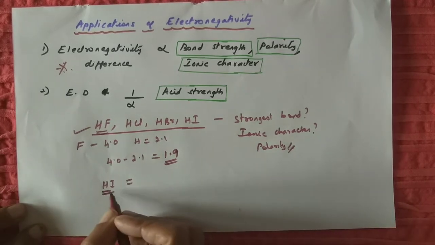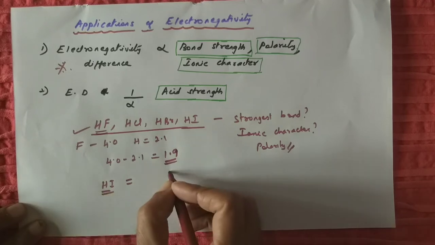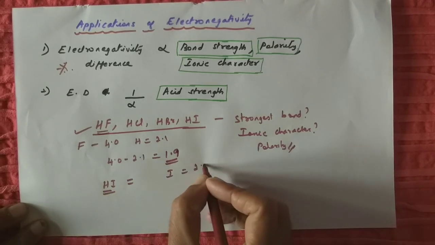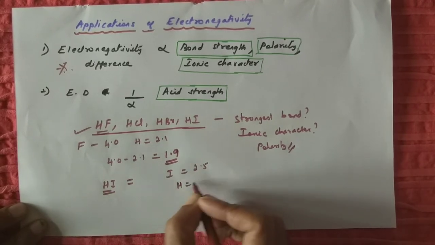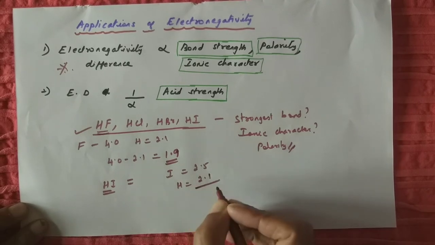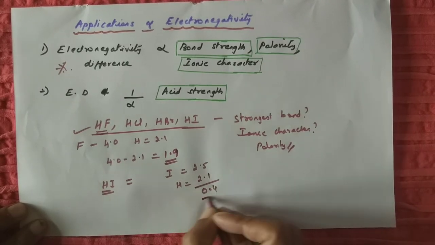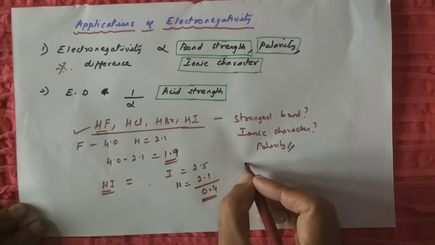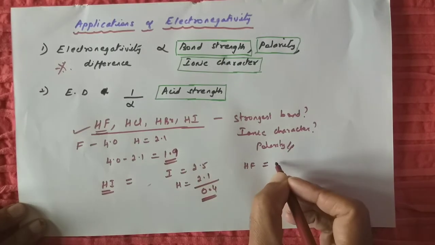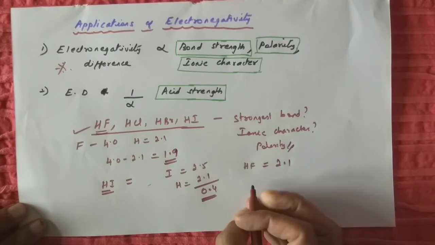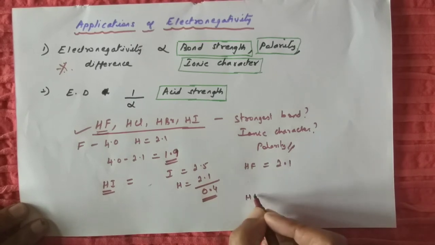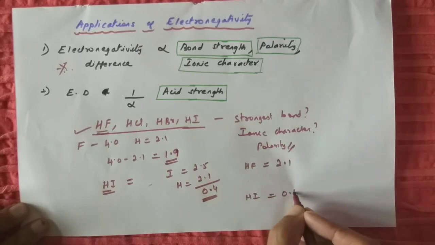In HI, hydrogen iodide, iodine electronegativity is 2.5 and hydrogen is 2.1. So what is the difference? The difference will be 0.4. In case of HF, the electronegativity difference was 1.9, but in case of HI, it's only 0.4.